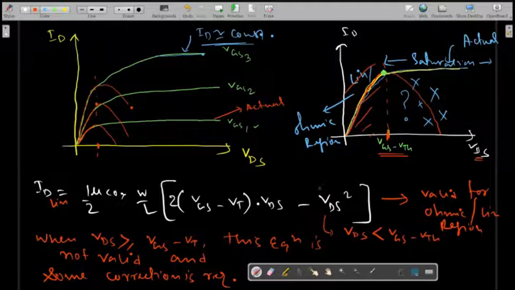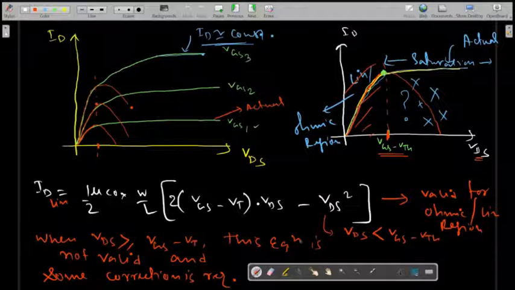So let us see what the correction is. In this equation, we are putting the value of VDS equal to VGS minus VT, because after this point the drain current is almost constant.